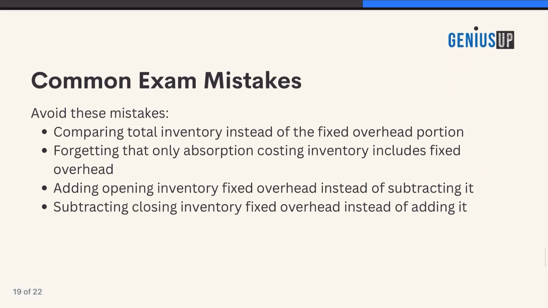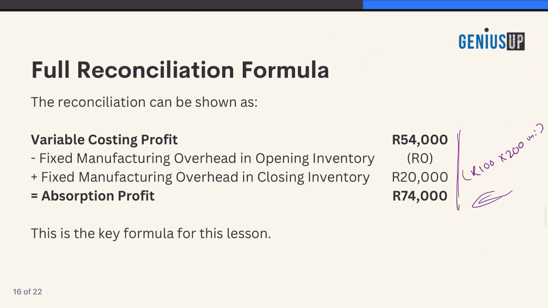So here are some of the common mistakes that I've seen. Most of the time, when comparing the two profit figures and trying to reconcile, students compare the total inventory instead of the fixed overheads portion. So you'll see a student, instead of only using the fixed overheads portion to reconcile, use the full product cost, which is wrong, right?